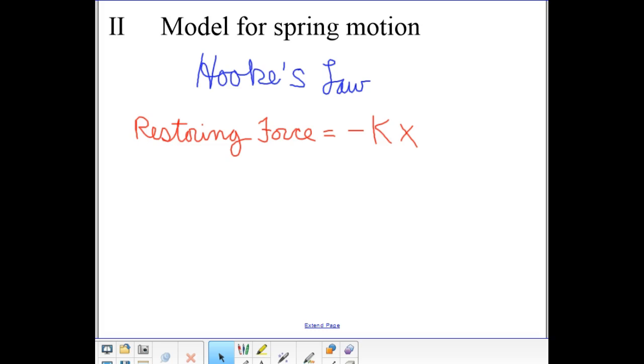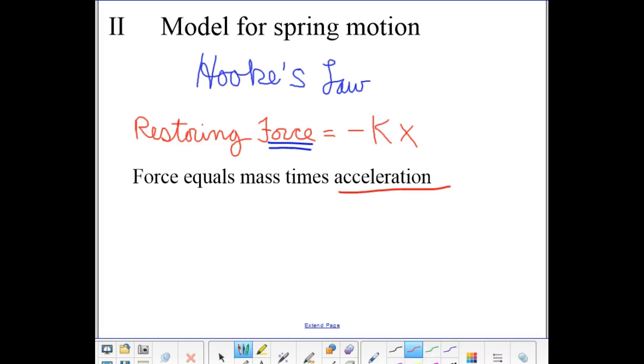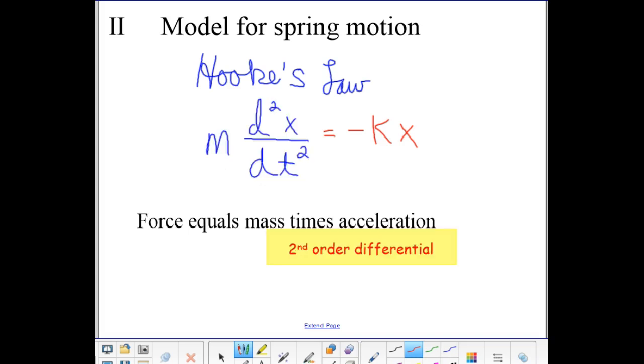So they stick this negative in there to give it that idea of restoring it back to its original position. Oh yeah. Force is mass times acceleration. And acceleration is a second derivative. And so that equation then becomes this.